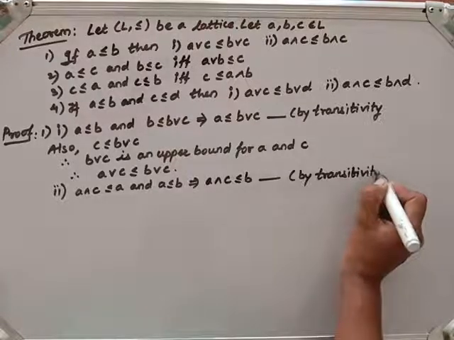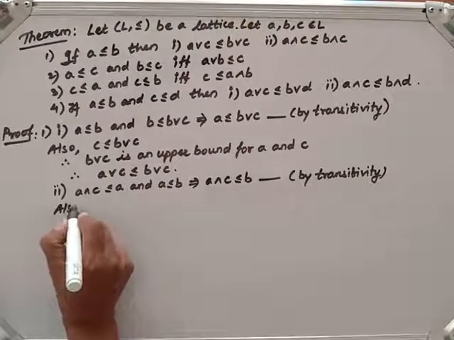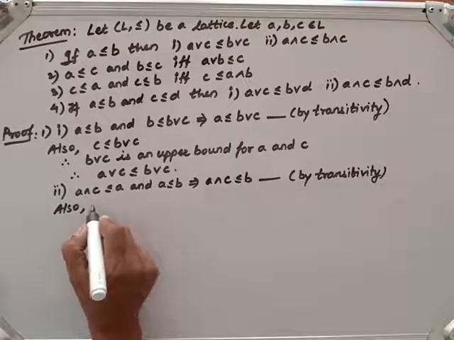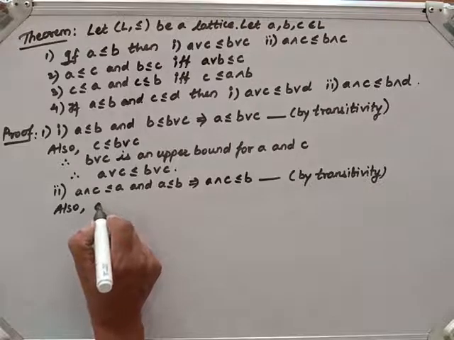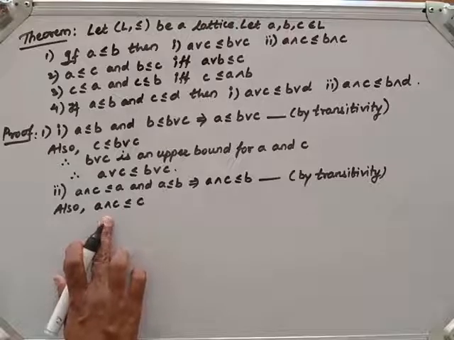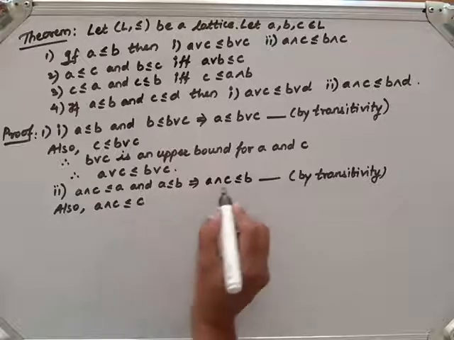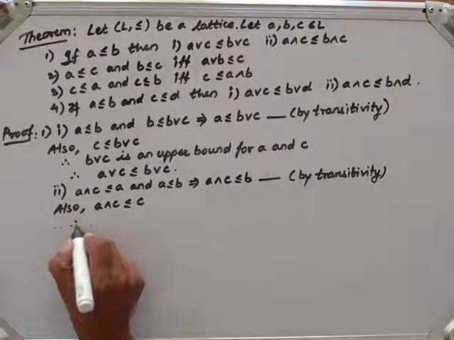Transitivity, fine. Now also, what can we say? Also A meet C is related to whom? C, as this is the lower bound for A as well as for C. So from these two things, what can we say?